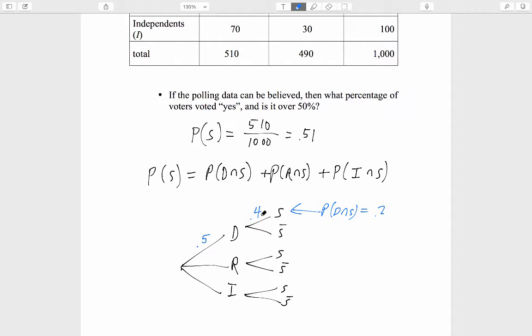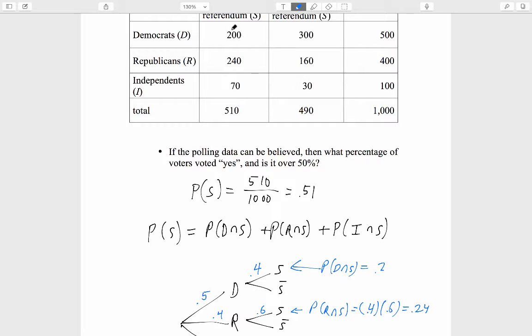Built into that computation was this conditional probability right here. Similarly for Republicans, the probability of R intersect S equals the 0.4 probability of R times the 0.6 probability of S given R. And that equals 0.24. 24% of all voters are Republicans supporting the referendum.